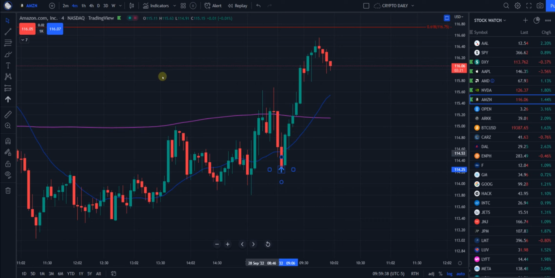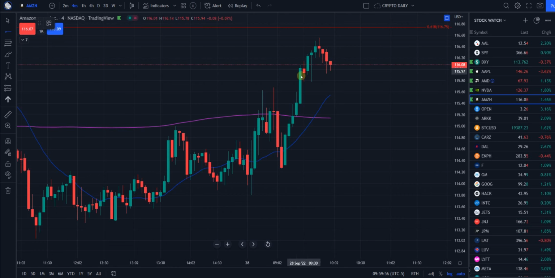So the first loss, like I said, is always your smallest loss. Let's say you're going to go long here because you think you're hitting this low pivot area.